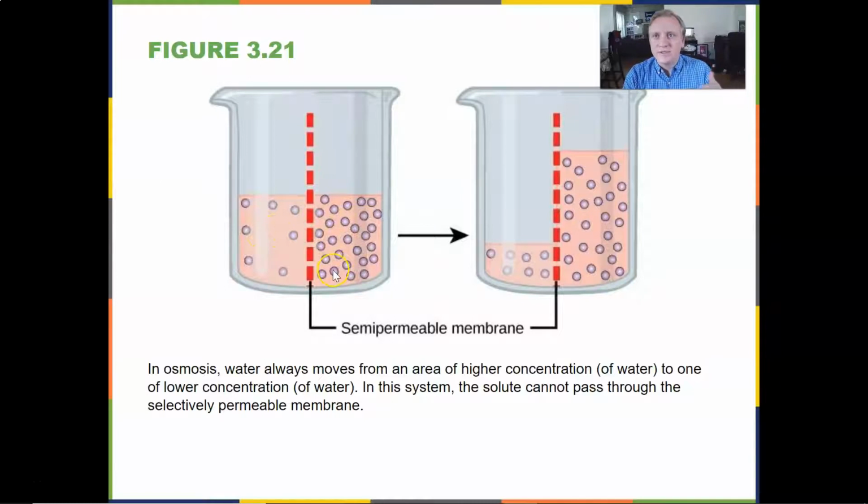But this line is here, just like your cell membrane or your dialysis bag, so these solute particles can't actually move across. And so water is going to move toward that region of high concentration. That is osmosis. It is the second type of passive transport, so we have diffusion and osmosis.